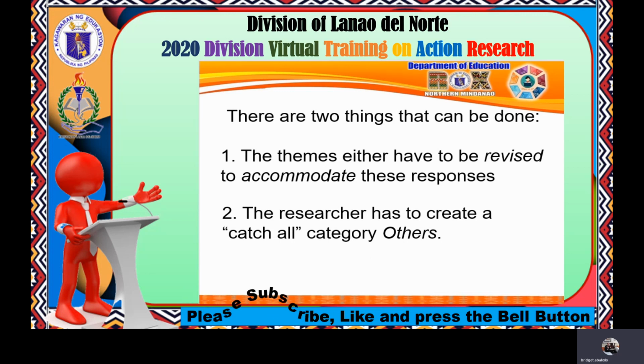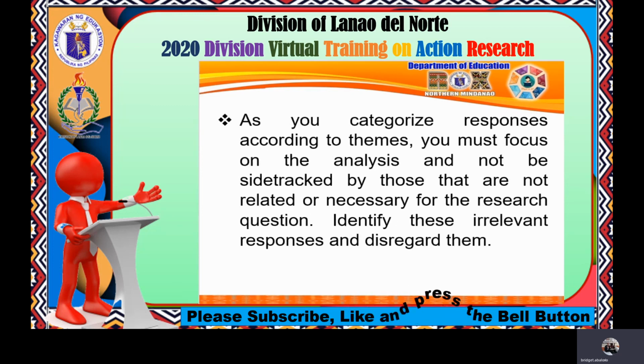As you categorize responses according to themes, you must also focus on the analysis and not be sidetracked by responses that are not related or necessary to the research question. Identify these irrelevant responses and disregard them. Sometimes some of the responses of our respondents to a particular interview question are irrelevant, meaning they are not connected to our main question.